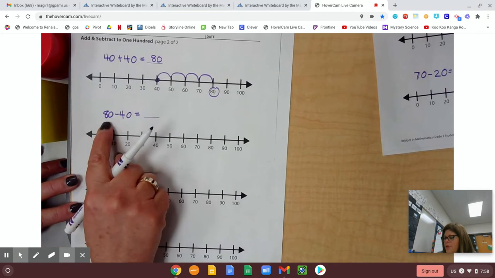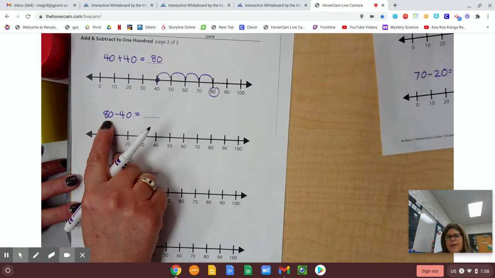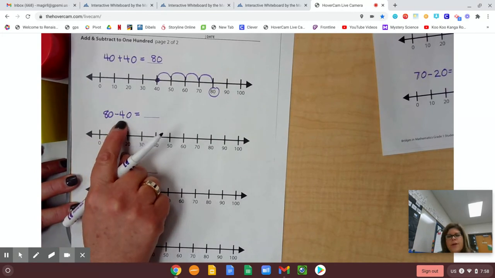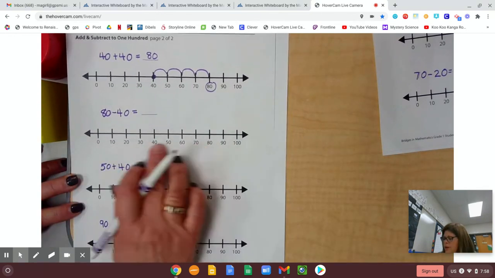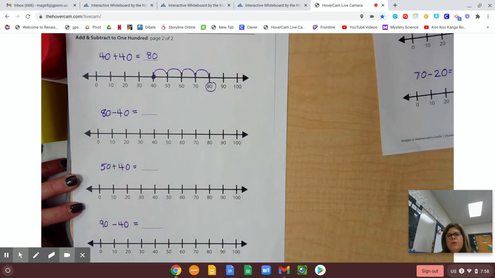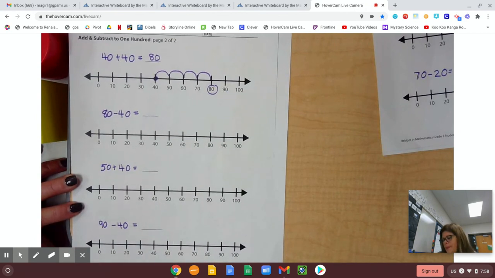So now you're going to try to do 80 take away 40. You need to start on the number line and do your hops. Okay?